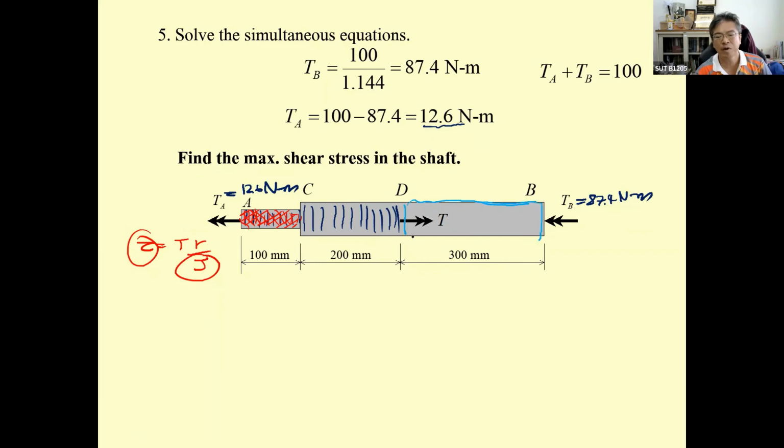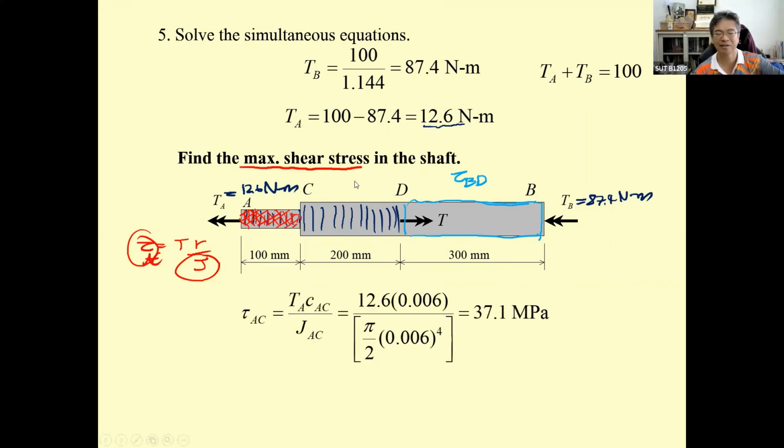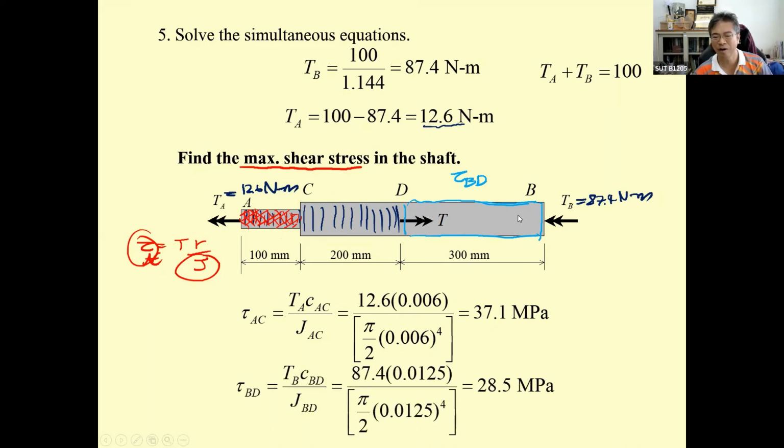And then we compare tau sub BD with the tau sub AC, okay, to find the maximum shear stress. Then just compute tau sub AC, T sub AC, the radius for the small one, and the J, you got 37.1. For the larger one, 84.7.